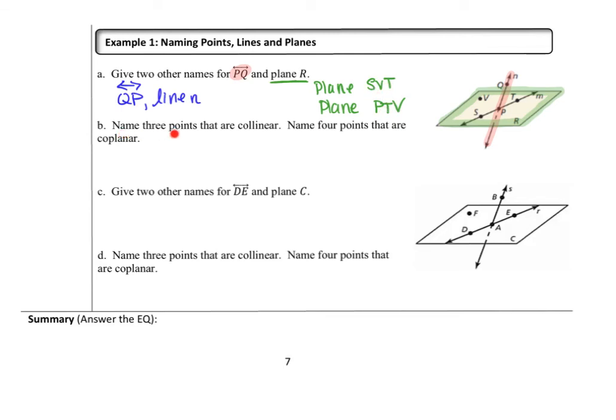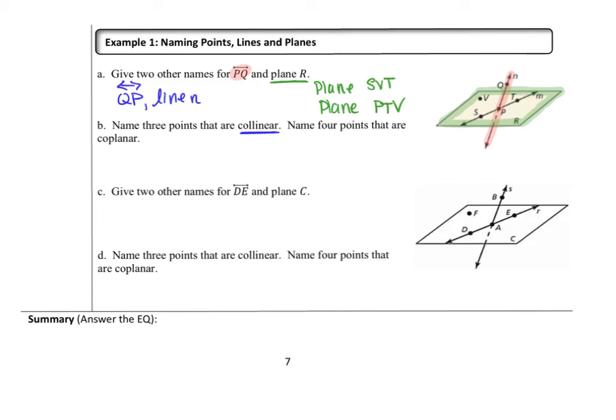So now we're going to name 3 points that are collinear and then name 4 points that are coplanar. Remember, when you have collinear points, this means that they lie on the same line. So if you look at these points, S, P, T, they lie on the same line.